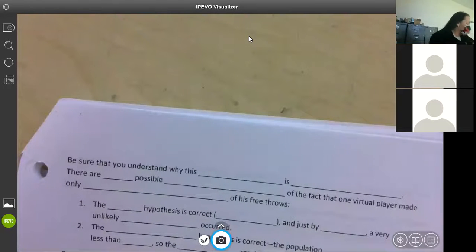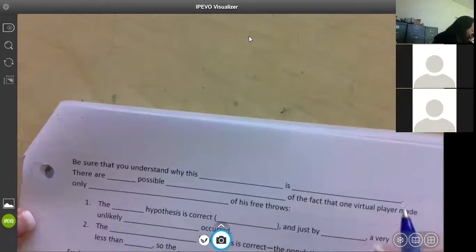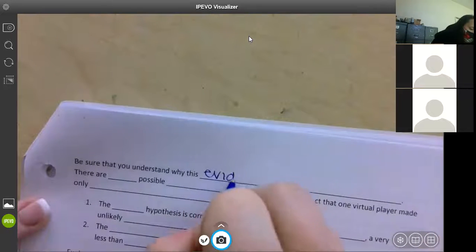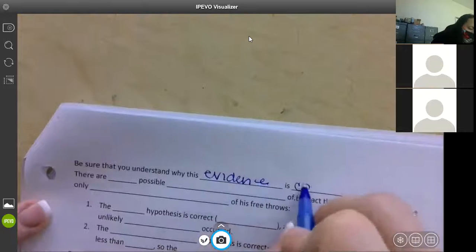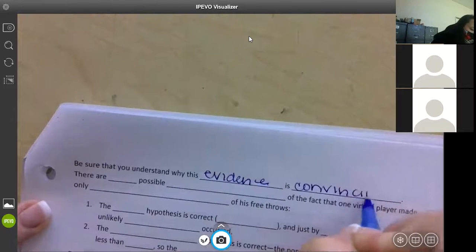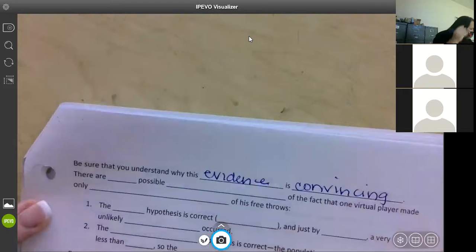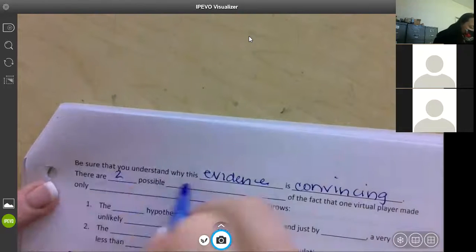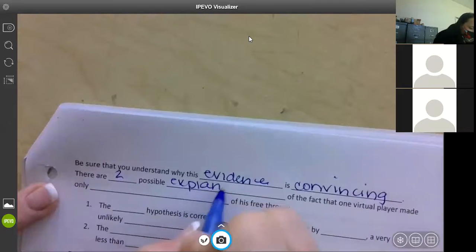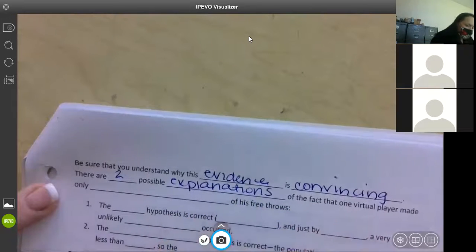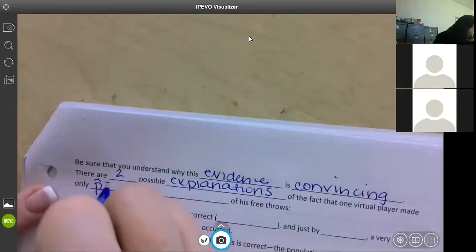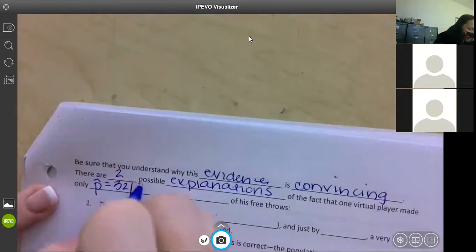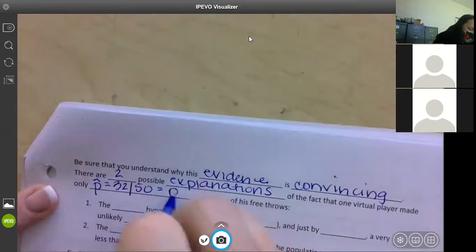Be sure that you understand why this evidence is convincing. There are 2 possible explanations of the fact that one virtual player made only p hat equal to 32 out of 50, or 64% of his free throws.